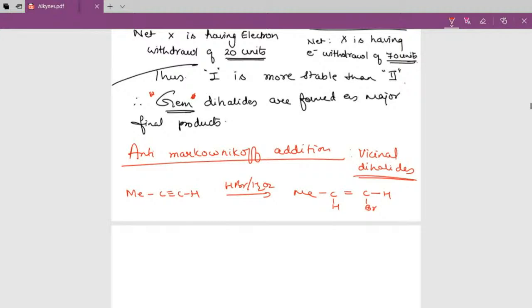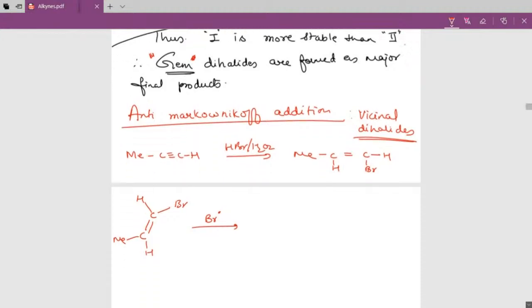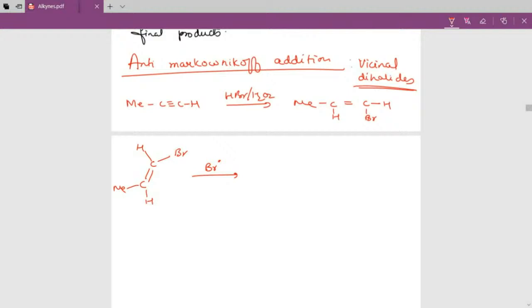Let me draw how it will have the effect on my further additions. Next, Br dot is added. I'm not going into much of the detail of the mechanism. We have discussed it yesterday. In case anyone has a problem, please refer to our Monday and Tuesday lectures for the basic mechanism of all the reactions that we are covering here for alkynes.